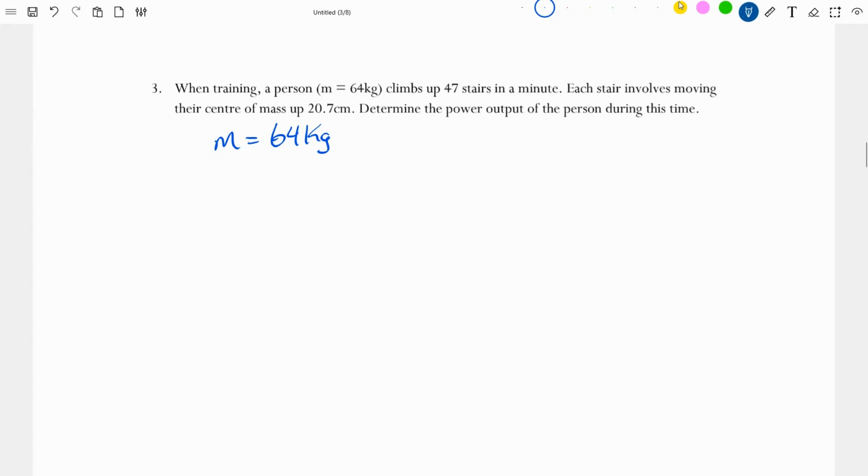Let's not even bother saying that they start at a height. Actually, I'm going to keep it simple. Let's say that they start at a height of 0, and they end at a height that is 47 stairs higher.